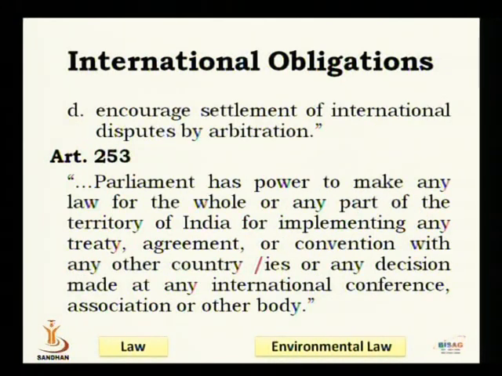Clause D of Article 51 speaks of encouraging settlement of international disputes by arbitration. This has no connection with our environmental law topic. It is the duty of each and every member of UNO to settle their disputes by amicable, peaceful means. This is the meaning of clause D.